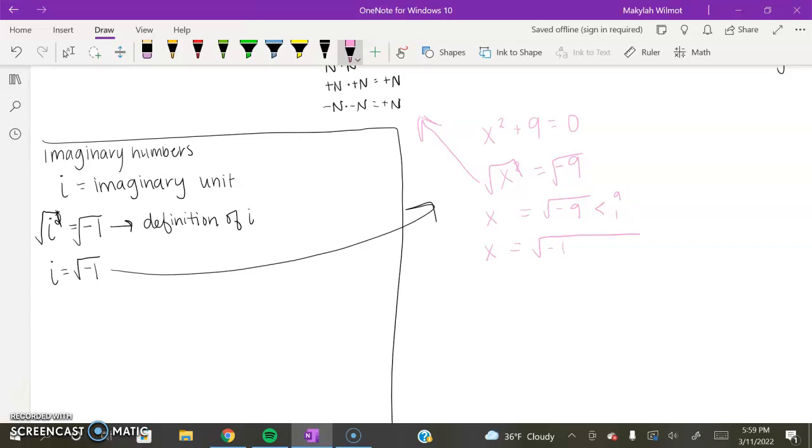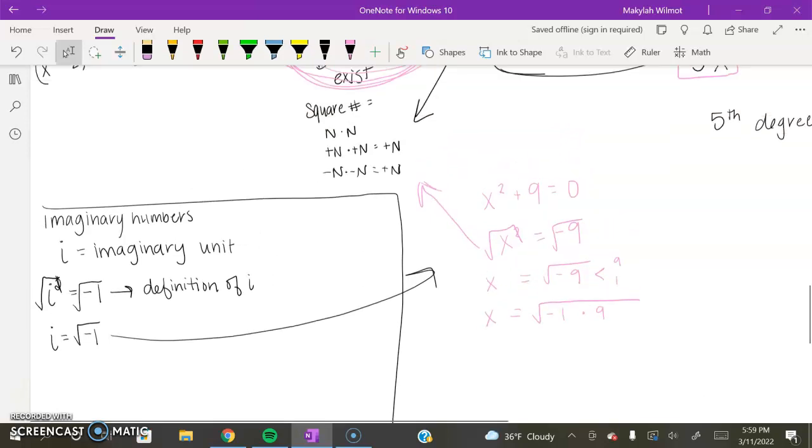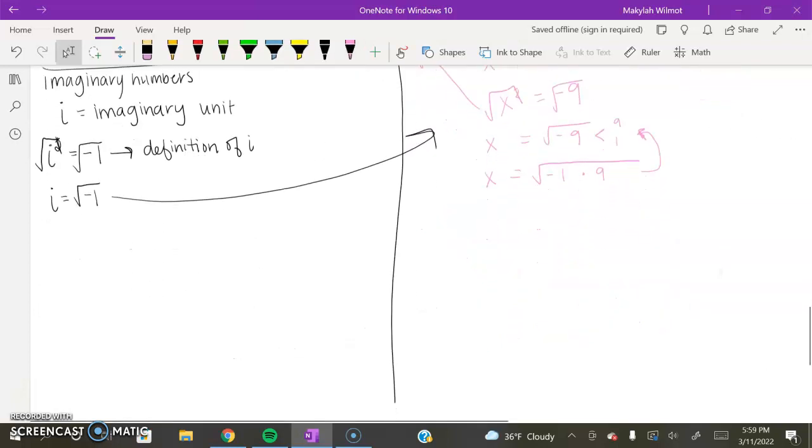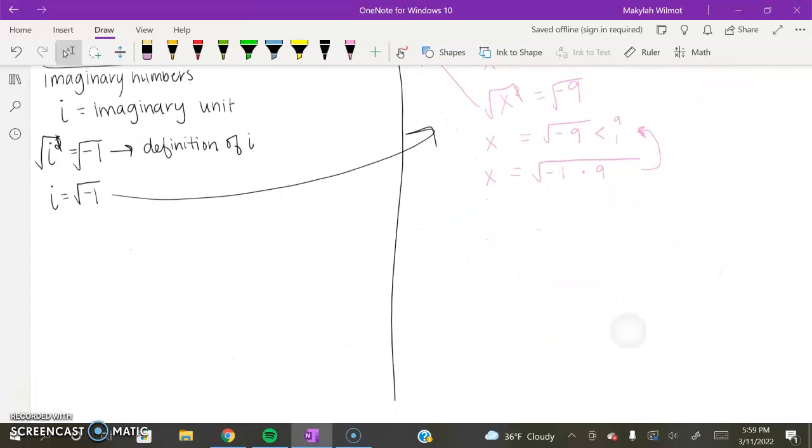So we know that negative 1 times 9 is the exact same thing as this, right? So that means x is equal to the square root of negative 1 times the square root of 9, okay?